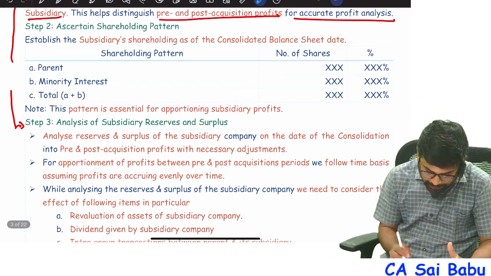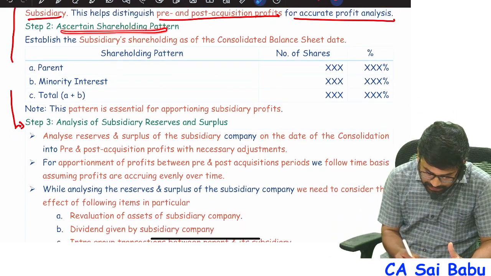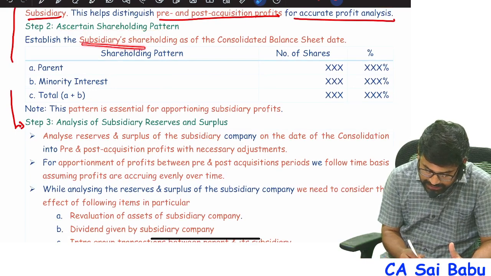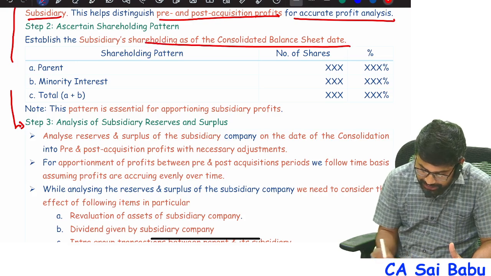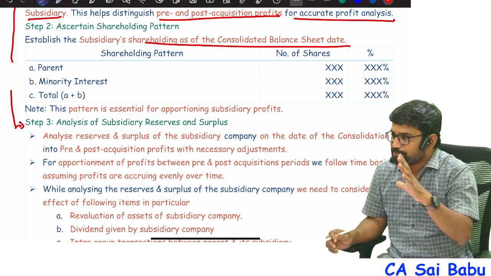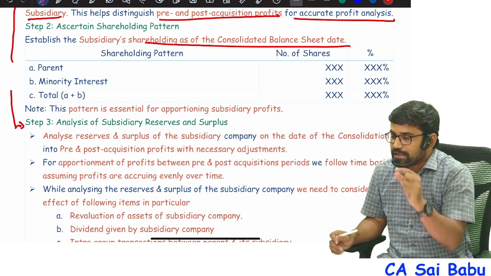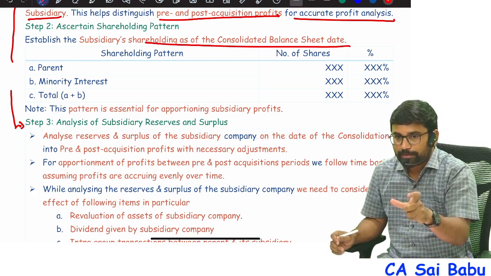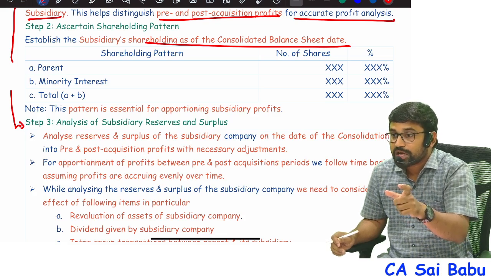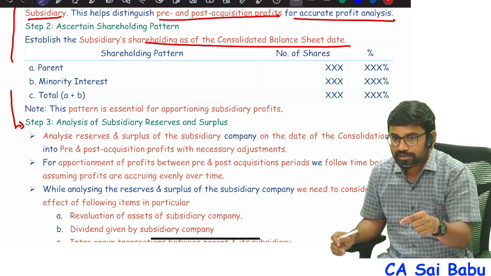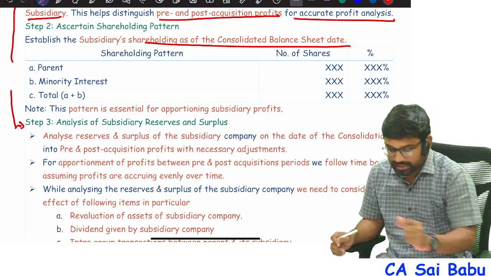So step number 2 is ascertain the shareholding pattern. Establish the subsidiary shareholding as of the consolidated balance sheet. If you want to determine the shareholding pattern, you need to determine it on the date of consolidation.